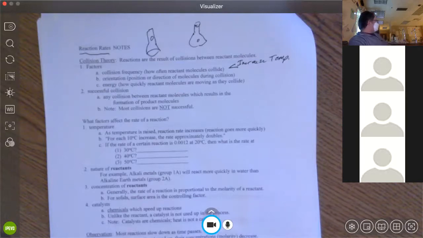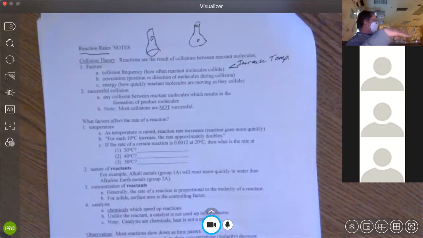Increase pressure, maybe? Increasing pressure. There's a better way to say that. Decreasing volume. So imagine we have a certain number of moles, but now we have less volume.